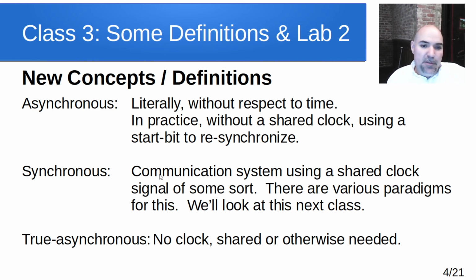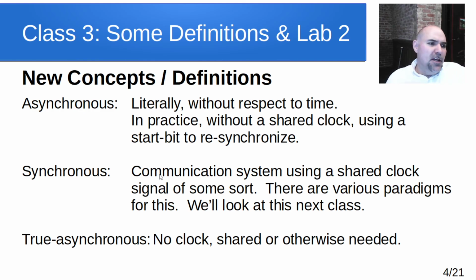All right, synchronous communication, on the other hand, is a communication system that uses some sort of shared clock. And that shared clock signal could be another wire that's going up and down to be the clock. It could be something else entirely. But there are various paradigms for that. We're going to look at some synchronous communication in a little more depth next class.